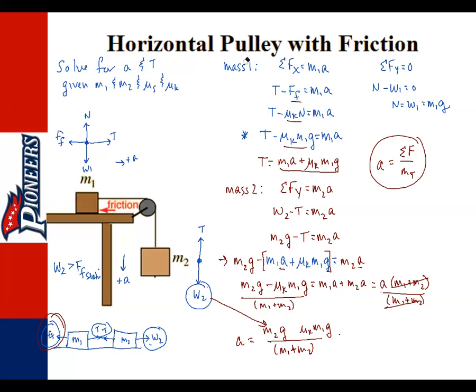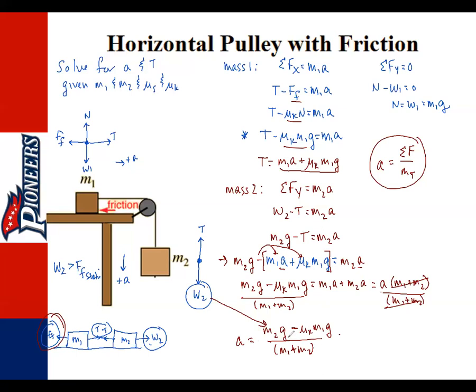Because with friction, the acceleration can't be bigger. That's right. But again, if we're not thinking about things, so I'm substituting all of this in here, then I have to distribute this negative sign to this and this. That's why it's negative, right? And that's what it should look like.